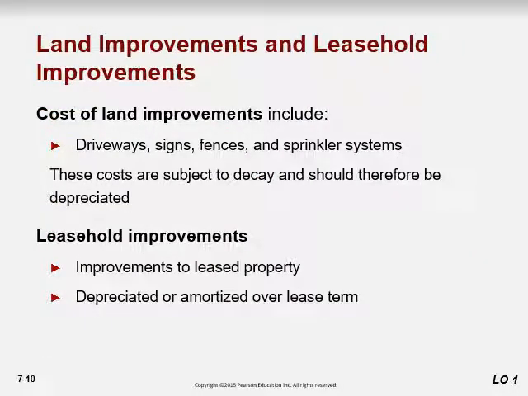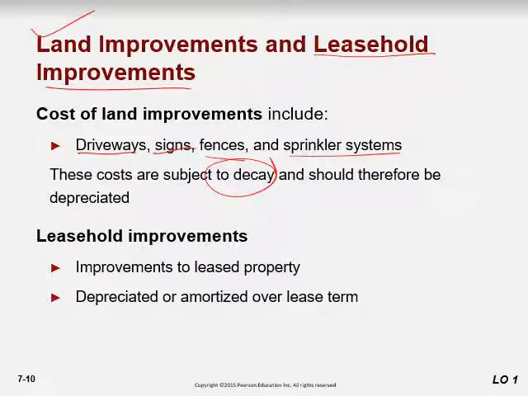And then we have land improvements and leasehold improvements as well. So what is the cost of land improvements, which includes driveways, signs, fencing, sprinkler systems, and these costs are subject to decay and should therefore be depreciated.